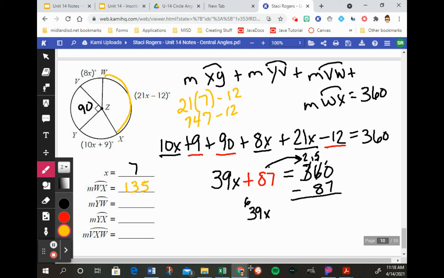Am I right? Yep. YW, sorry, YW, this one right here. I need to plug into 8x. 8 times 7 equals 56. And I'm going to add 90 to it. So that's 146.